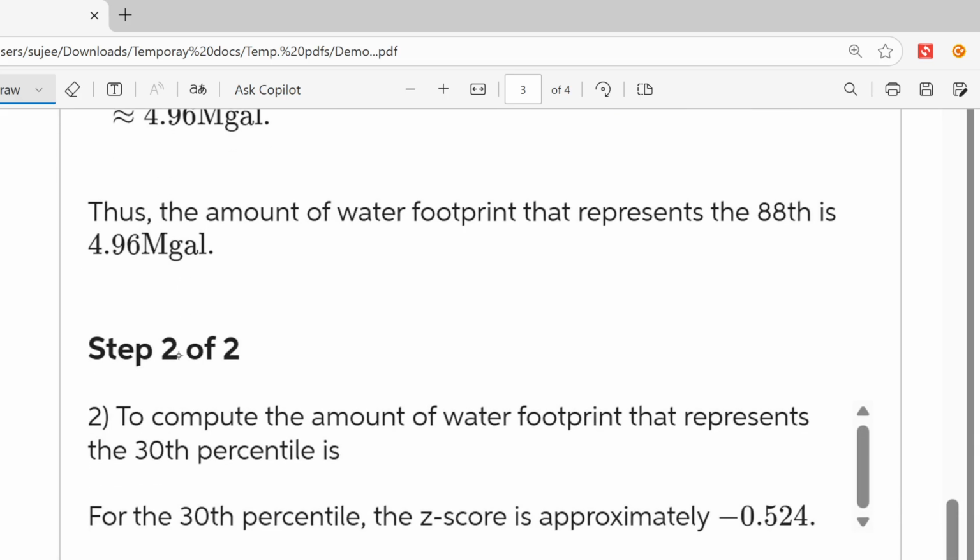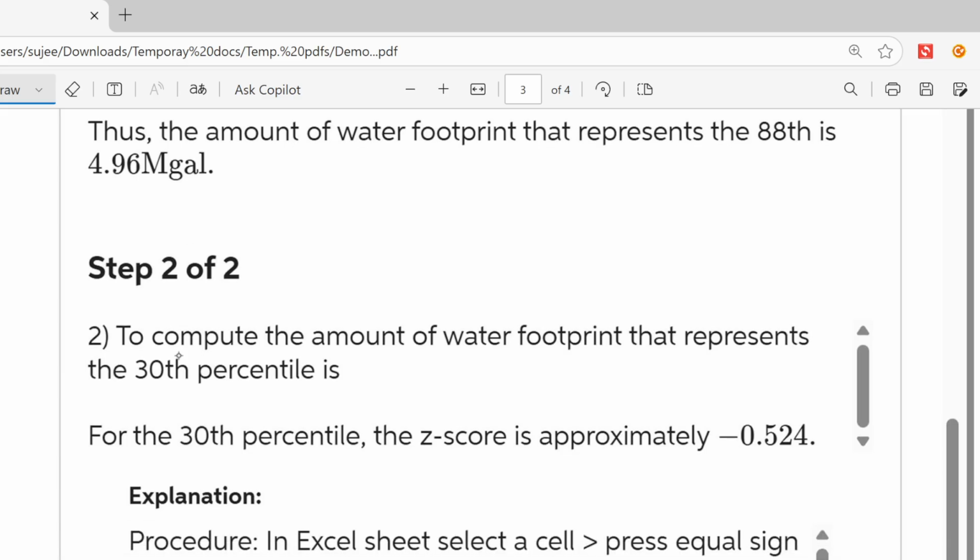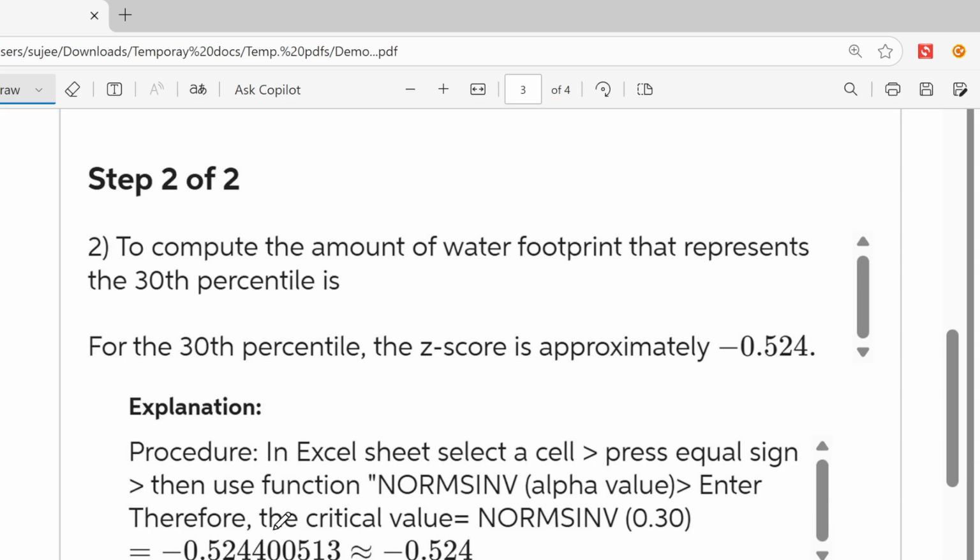Similarly, to compute the water footprint that represents the 30th percentile, we will follow the same set of rules and formula that I used in part A. First, we don't know the Z-score corresponding to the 30th percentile, so we calculate it first. The Z-score is approximately minus 0.524, calculated using the Excel function NORMSINV, by selecting a cell, putting the equal sign, and using the value 0.3.